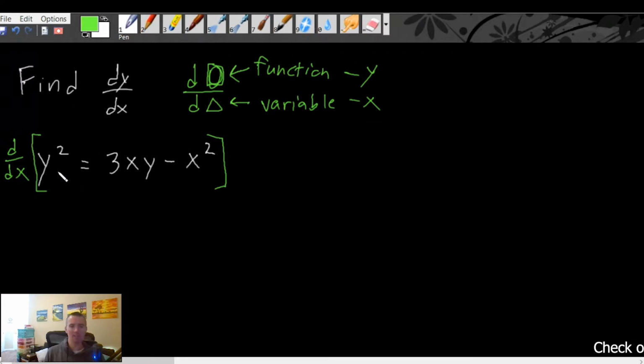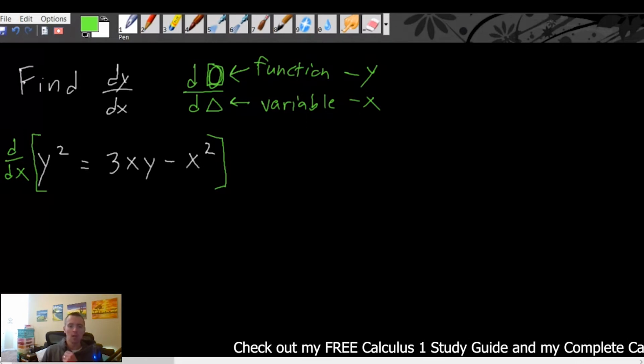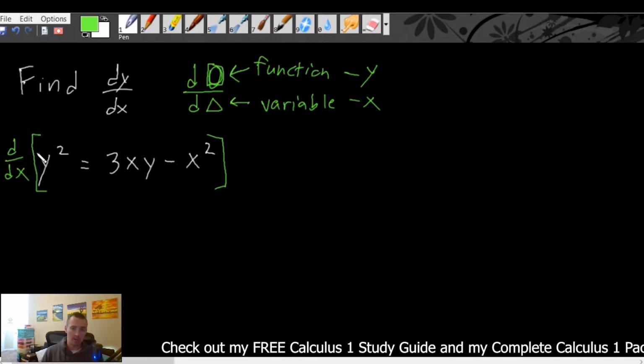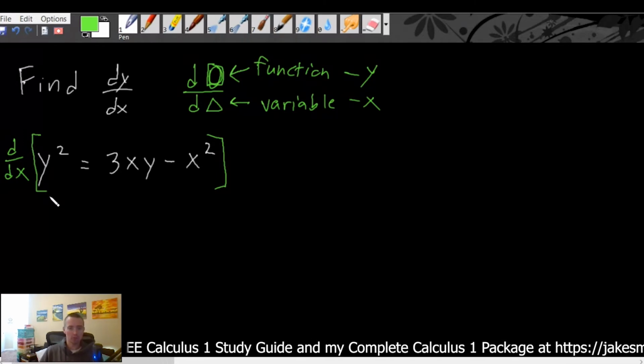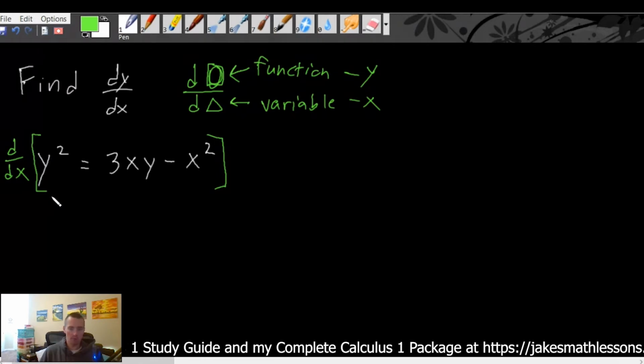The reason is that whenever you're taking the derivative of your function, in this case y, you're going to want to find the derivative of that term using the chain rule, because we don't know what this function y is. If you don't know what the function y is, you can't possibly know its derivative. We can't find the derivative of y if we don't know what y is.